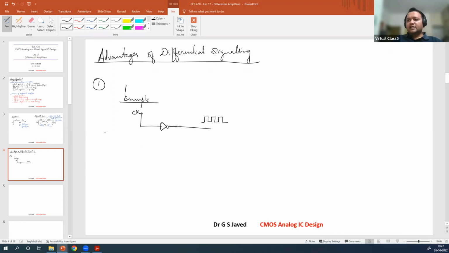Now, just in case you have your amplifier signal going next to it, right? This is your trace, then what will you see? This amplifier signal, if you are giving a sinusoid input, you will see the output being like this.